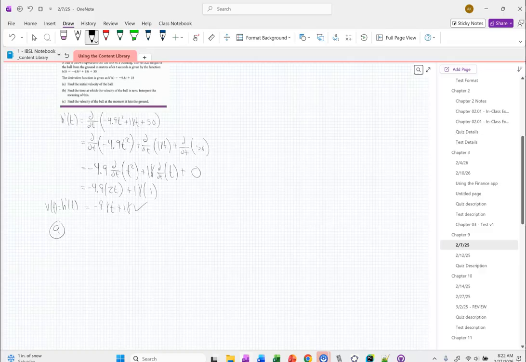I'm going to throw the ball up in the air. At the very start, how much time has elapsed? Zero. So I just want the velocity at time 0. And then this is meters per second. Okay?